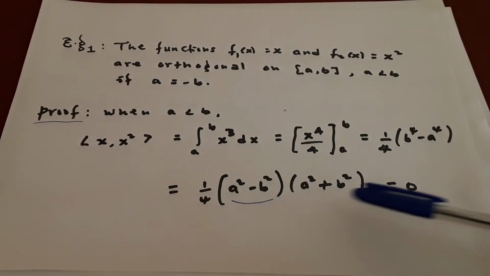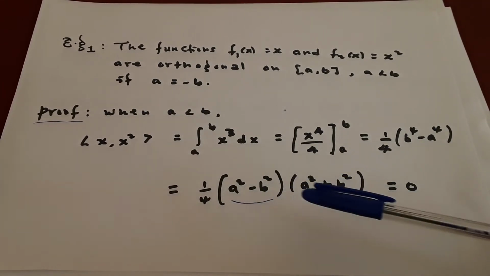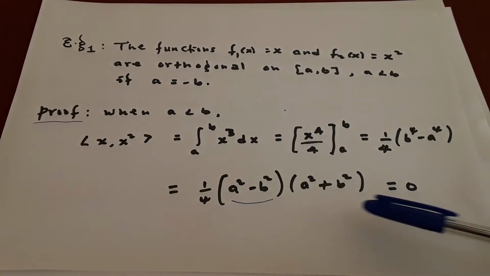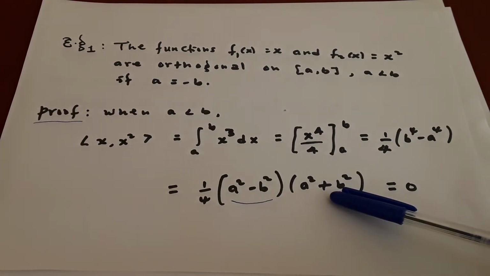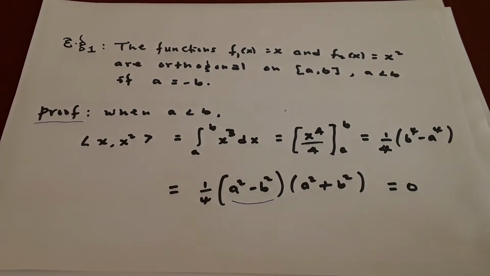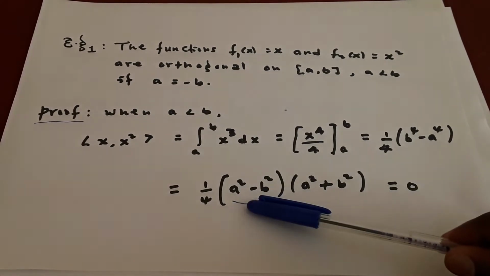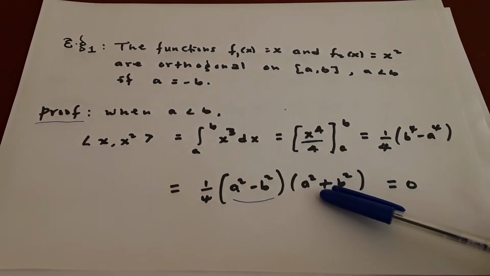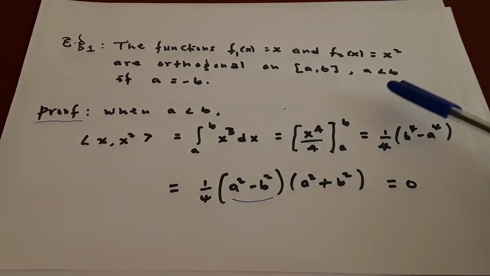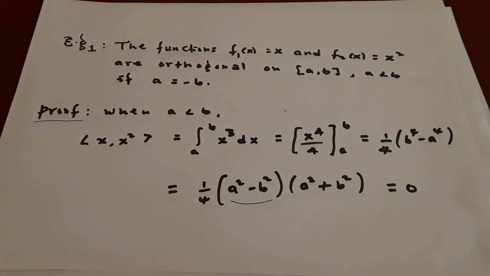So the only option we have here is 1 over 4 times (a squared minus b squared) times (a squared plus b squared) is 0. The last brace expression here is not 0, so we have only a squared minus b squared is 0. Why is this other factor not 0 always? Because we have a less than b, so a squared plus b squared cannot be 0.